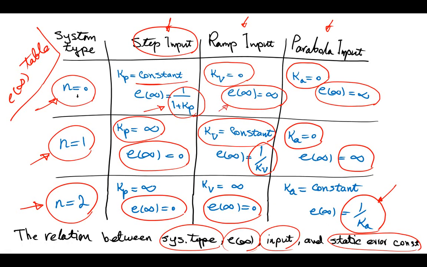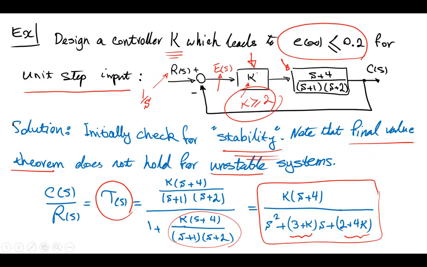Can we select a K which can change the system type? No. Whatever K you pick will not change this system type.